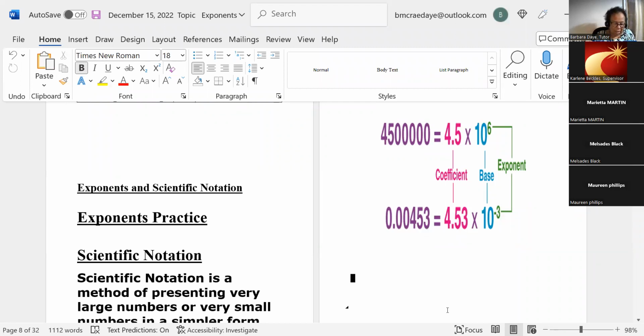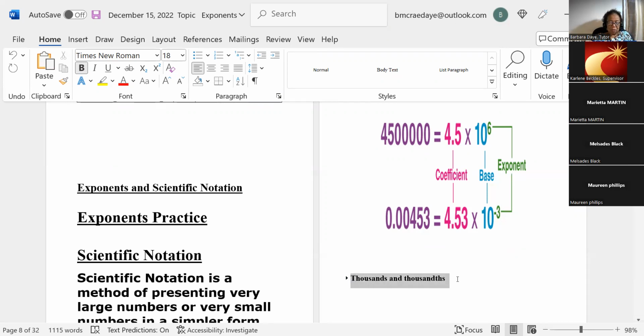Know the difference now between thousands and thousandths. So right there is thousands. Thousandths and thousands, know the difference.